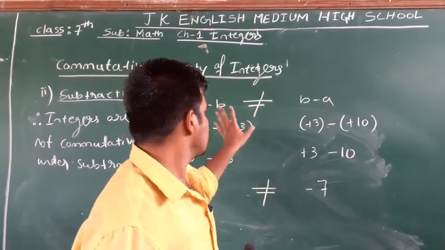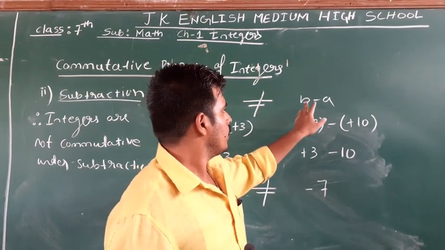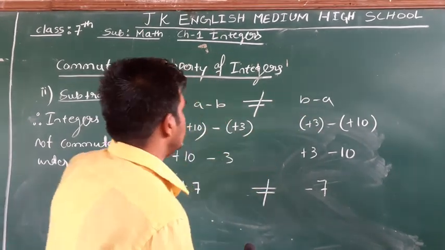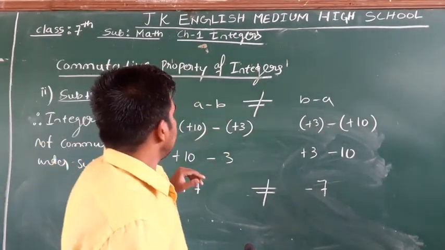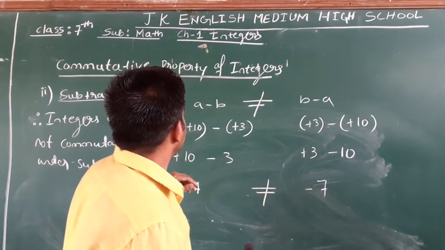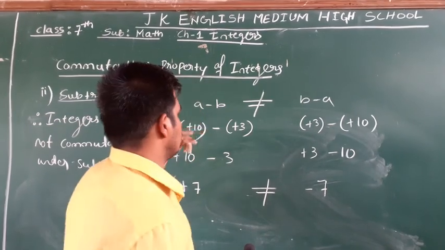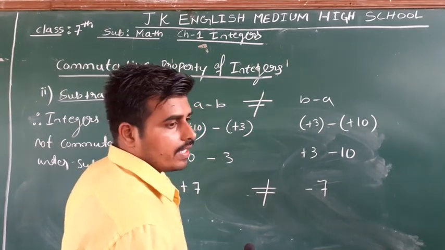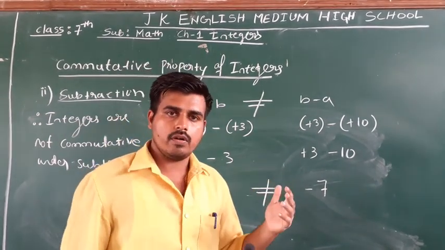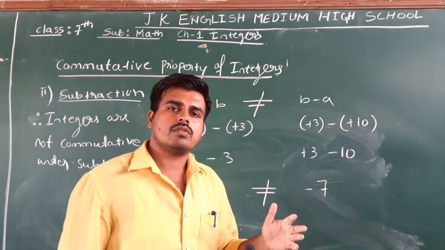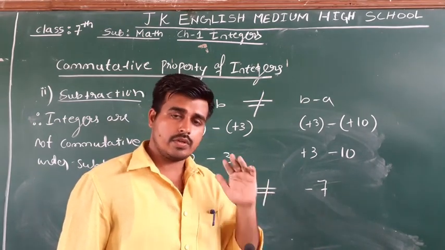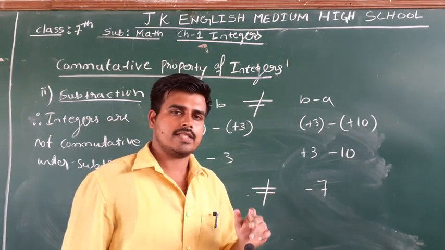At any cost, a minus b is never going to become b minus a. Even if you take one number as 0, let's say a as 0 and b as any number, then also you are not going to get the same answer. Try it at home, take it as a challenge.